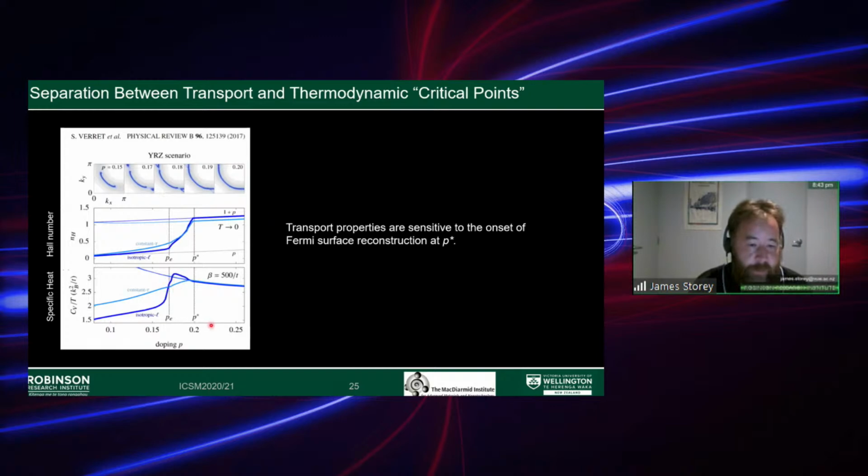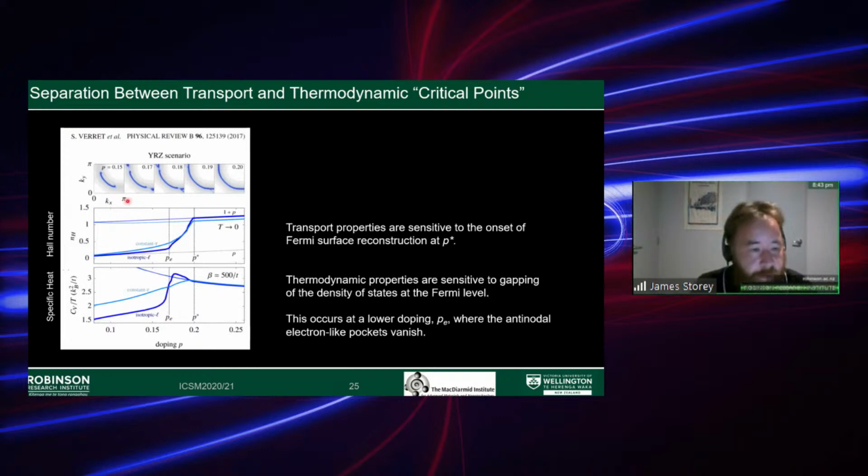So they call the upper change P star and the lower doping here PE. And this corresponds to the region where the electron-like pockets start to vanish, so between 0.15 and 0.17.